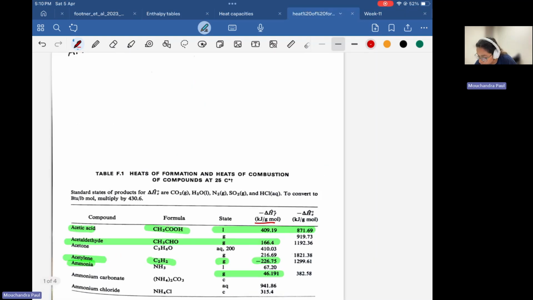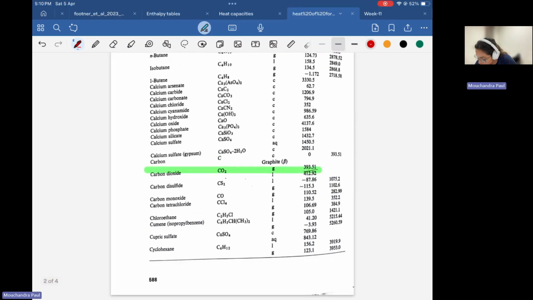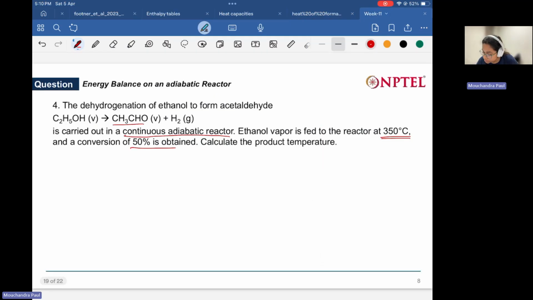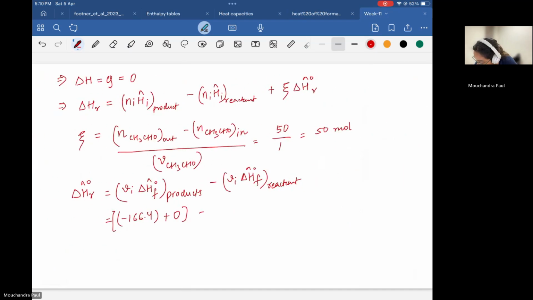The heat of formation of ethanol, ethyl alcohol, is minus 277.63. All right. So this gives us 111.23.